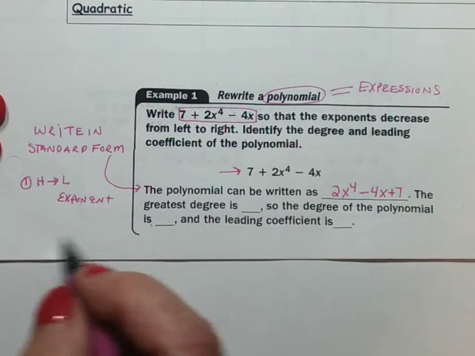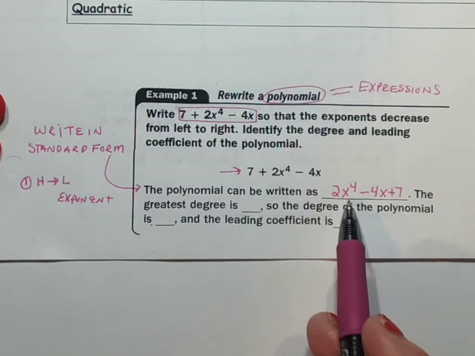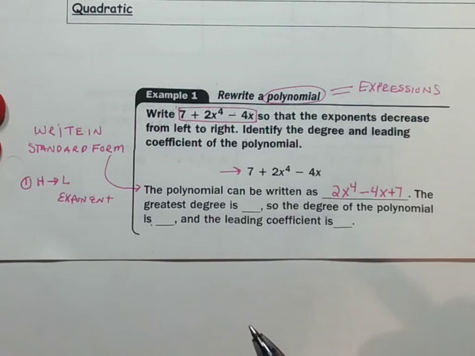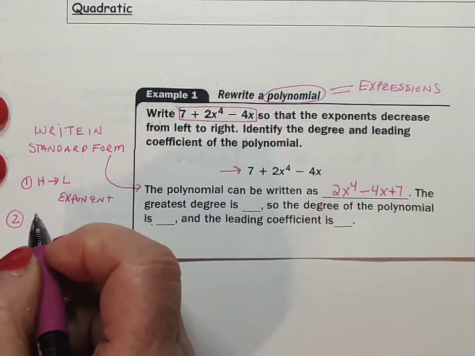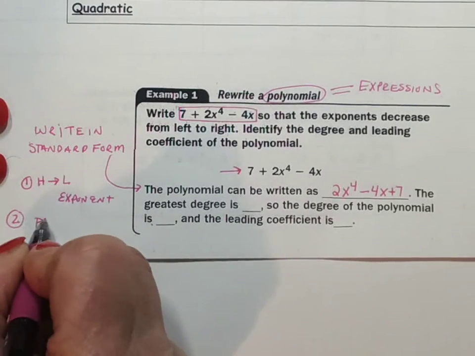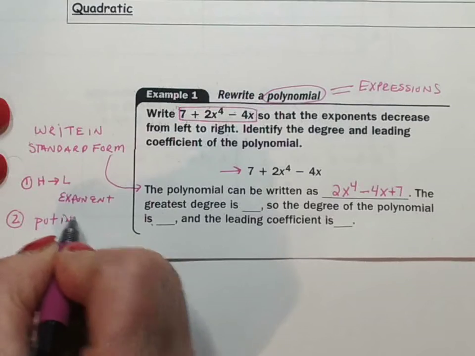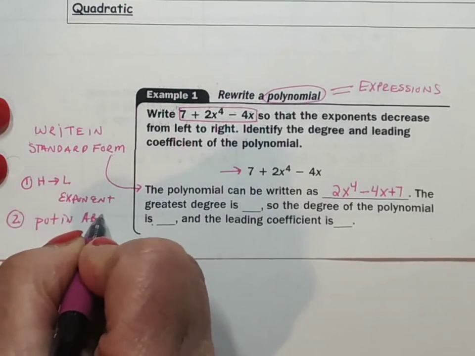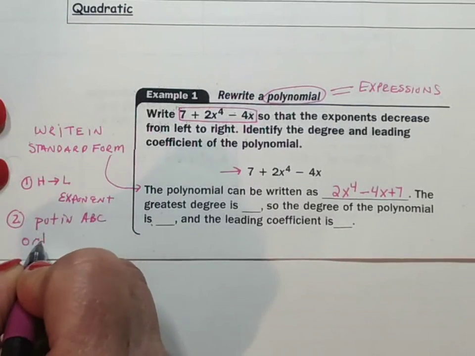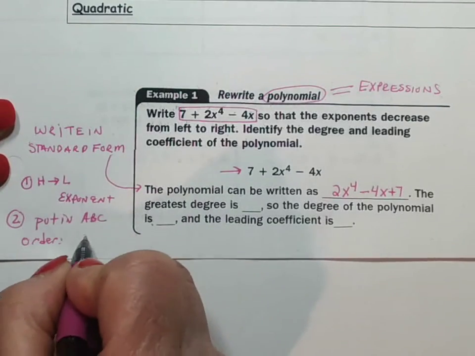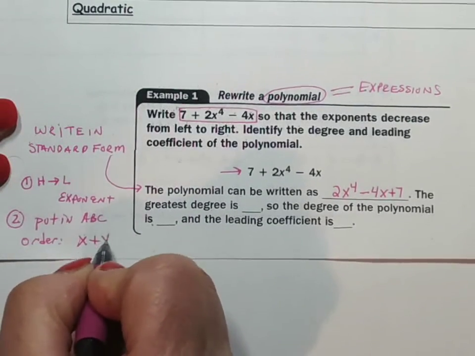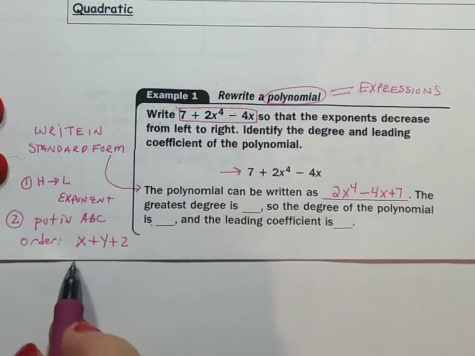And if we had variables, like if this was x and y, then we put them in A, B, C order. So if we had x plus y plus 2, we want to have it go in alphabetical order.